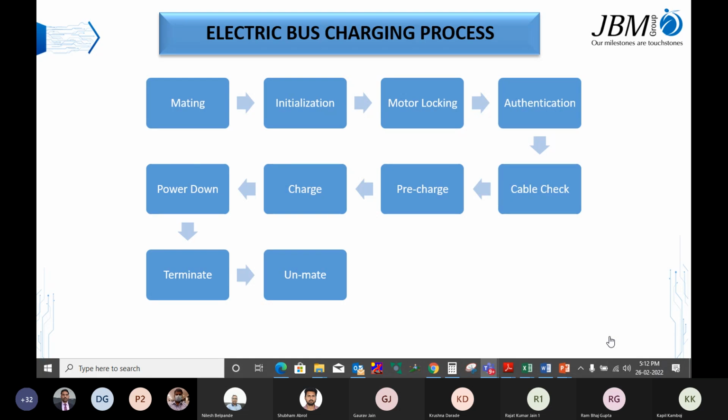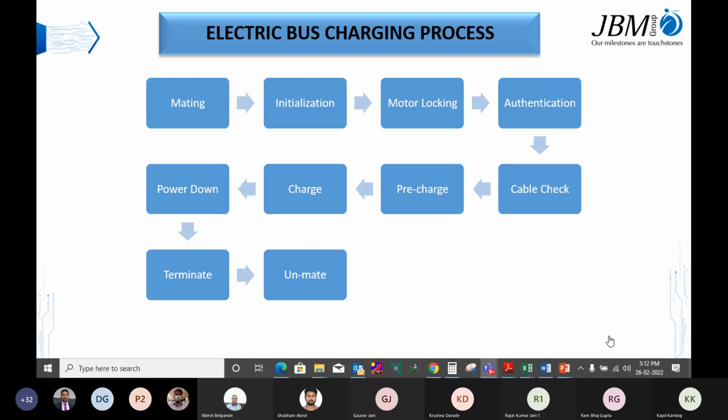The charger will build the voltage up to 620 volt plus minus 20 volt, while limiting the current to 2 ampere. When this voltage is built up to 620 plus minus 20, the contactors present inside the PDU will be closed by the bus, and after that it will go to the charging state.